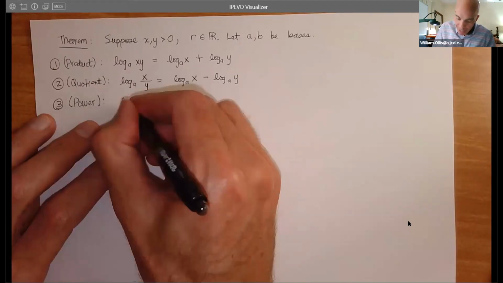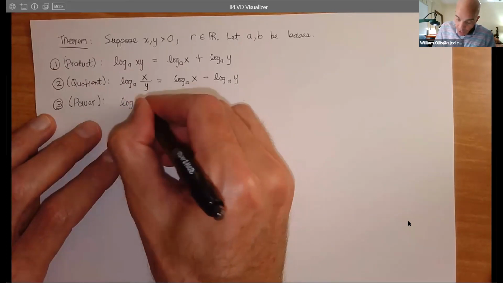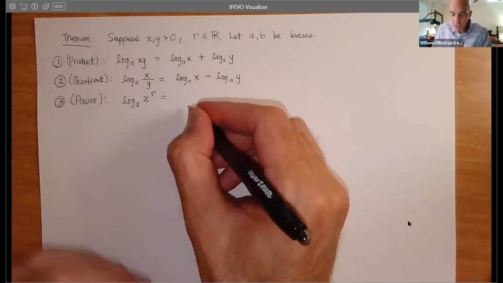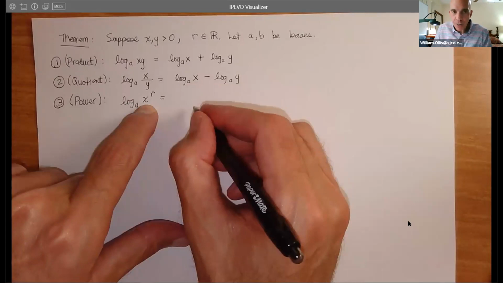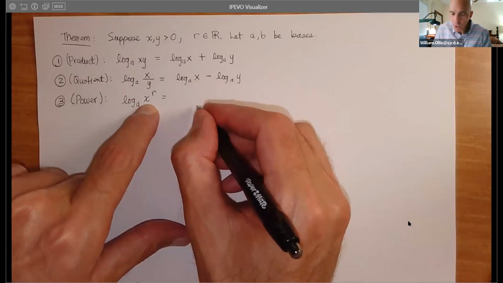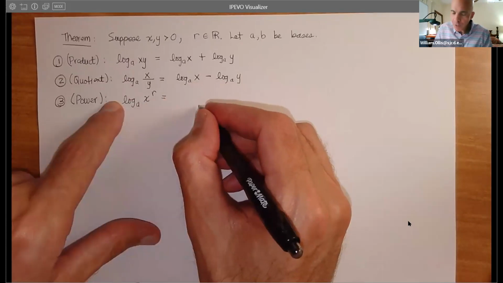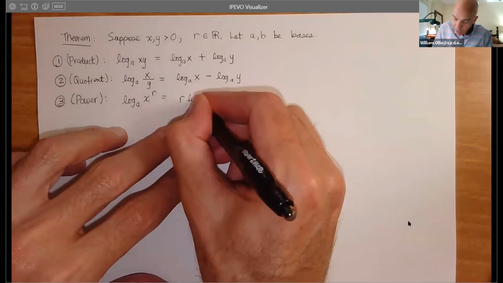So when you take the base A logarithm of X to the R, you're thinking, okay, what's that going to do? Well, this is going to be just like a special case. An exponential function will be a special case of this. And so what should happen is that the R should be able to slide down to the coefficient, and it can. So R times the base A logarithm of X.